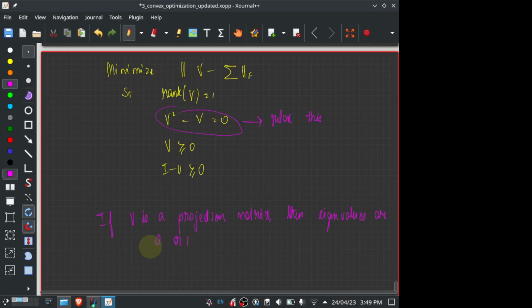So all the eigenvalues are either 0 or 1, right? Okay, so then what is the rank equal to? Correct. So the number of i for which the eigenvalue is equal to 1. So rank equal to basically the multiplicity of 1.